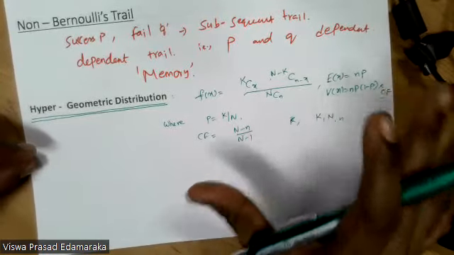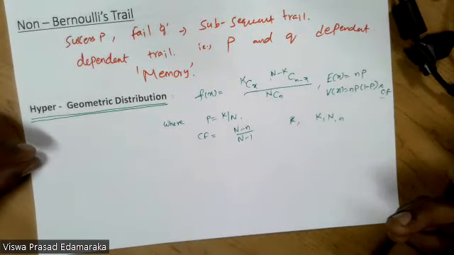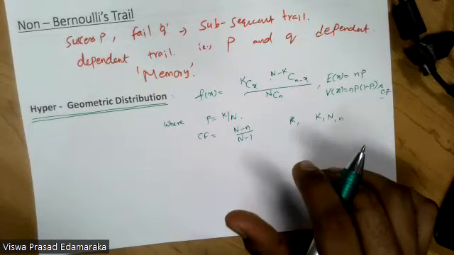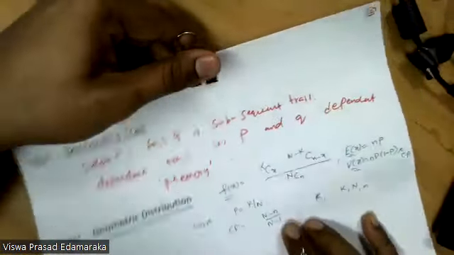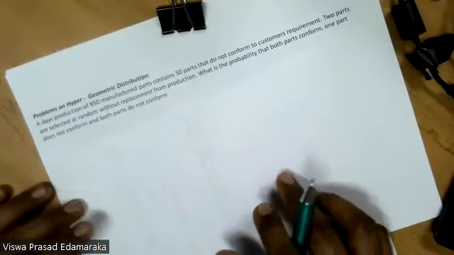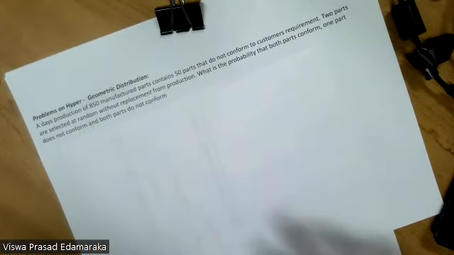So it is better to remember this one, and I'm going to teach you a different approach too. I'll teach both, like f of x, E of x, V of x. Let's do this problem using Dr. Fred Tayari's approach, and later I'll teach my approach.